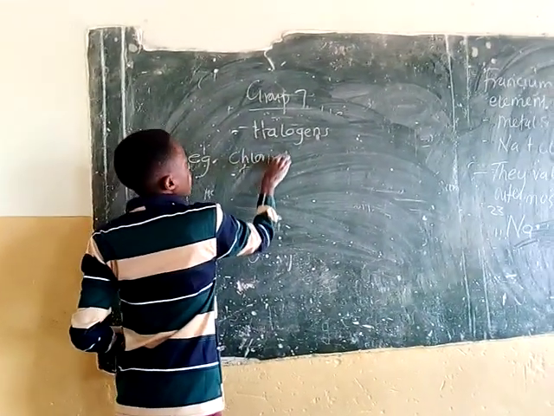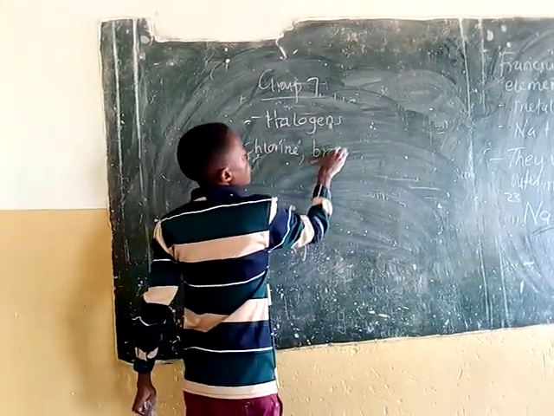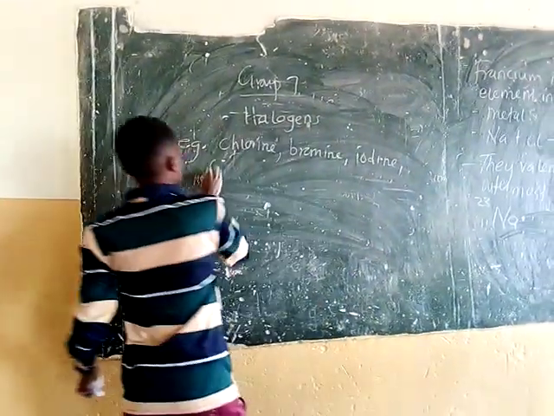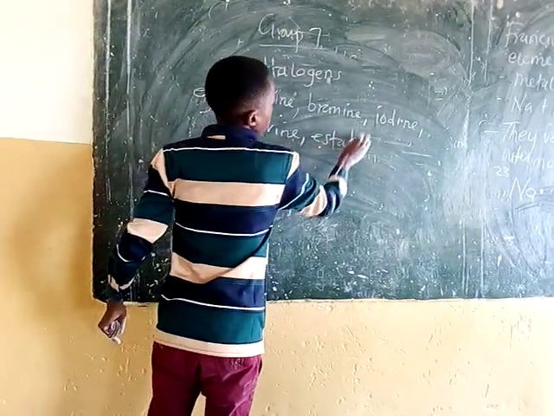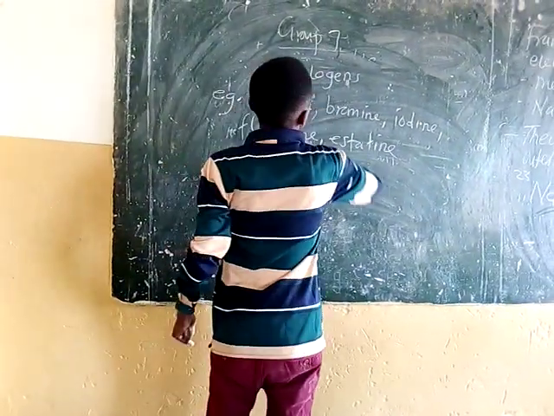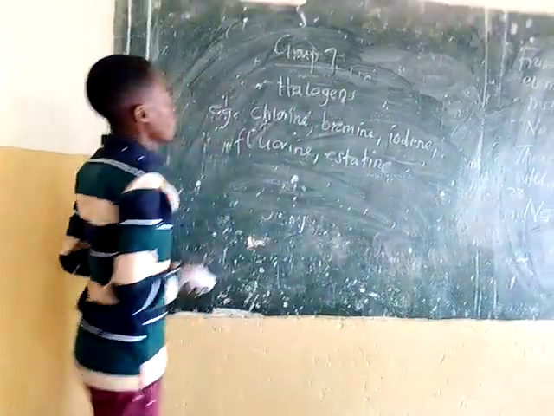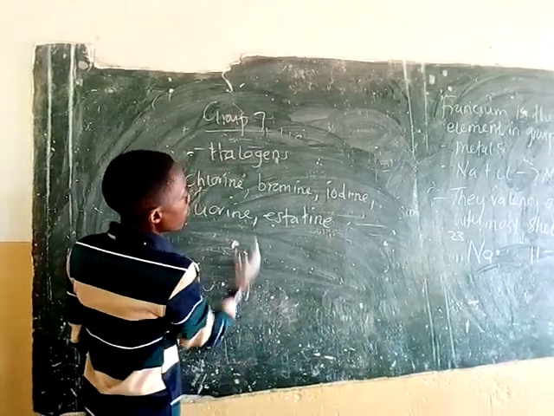Chlorine is a halogen because it is found in group 7. Then another one is bromine, iodine, fluorine, astatine. All these are group 7 elements. Now in group 7, the reactivity increases as you go up the group.